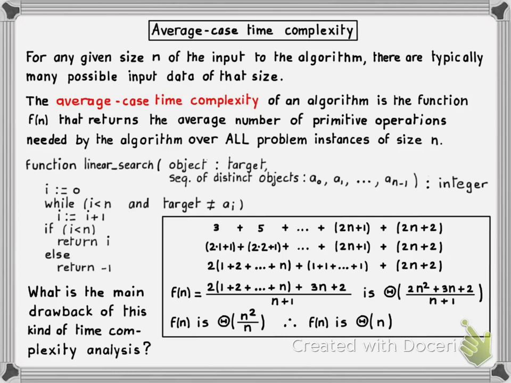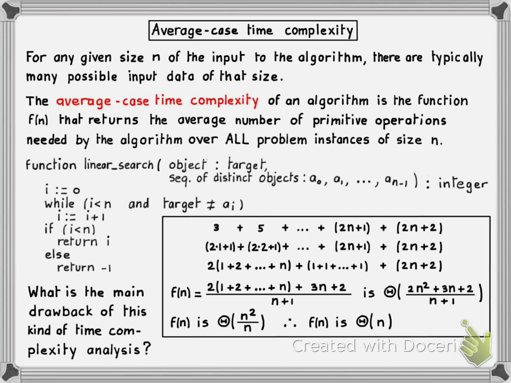So in that case, this formula does not apply. The average would have to be weighted, or every term in that sum here would have to be weighted by the probability of each case occurring. So in our analysis here, we made the assumption that all the probabilities were equal. That's why we just had to divide by the number of cases.